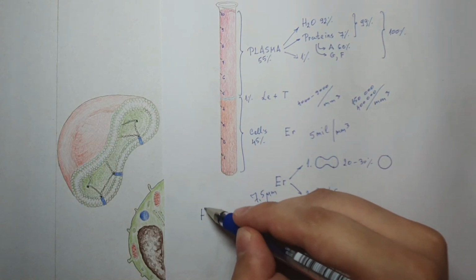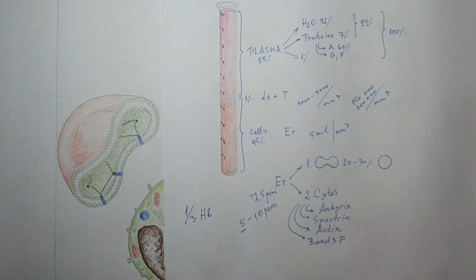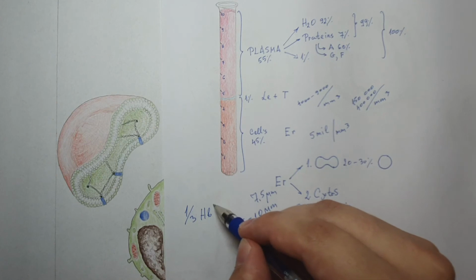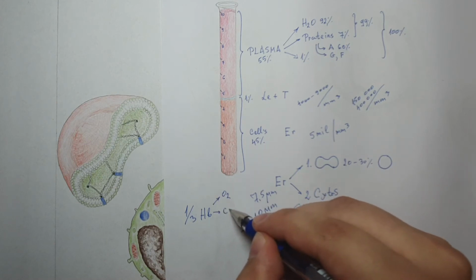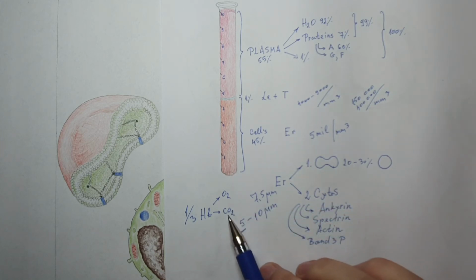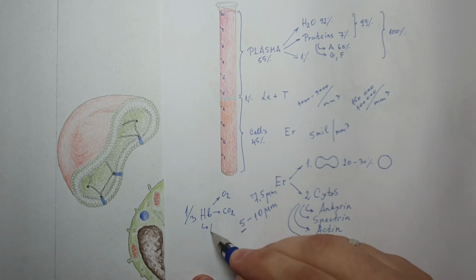Hemoglobin is actually making up 1/3 of the erythrocyte. Hemoglobin can bind gases like oxygen, becoming oxyhemoglobin, and carbon dioxide, becoming carbaminohemoglobin. It can also bind other gases like nitric oxide and carbon monoxide.